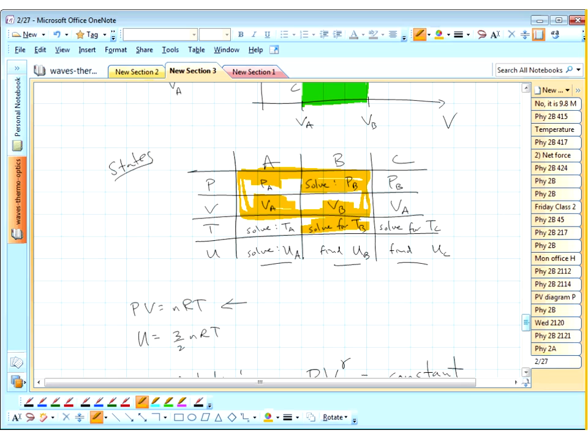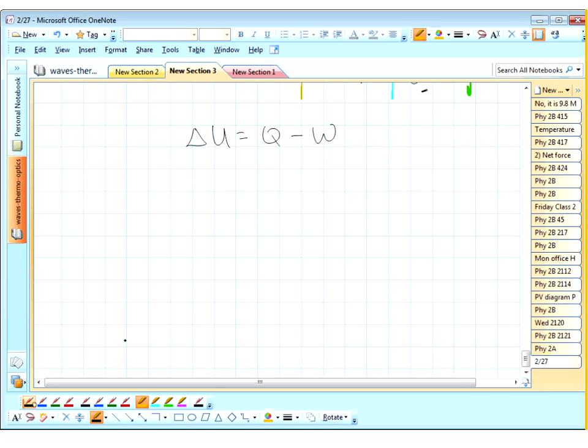I'm pretty sure I did a solution video where they have all 4 process steps. I don't remember exactly. Let me see if I can find it here real quick. Yeah, I think it's Thermo 53.